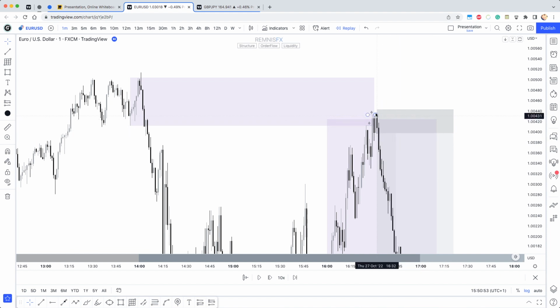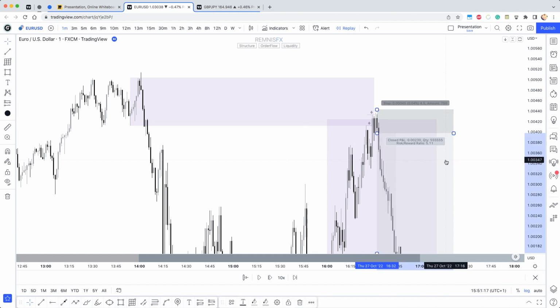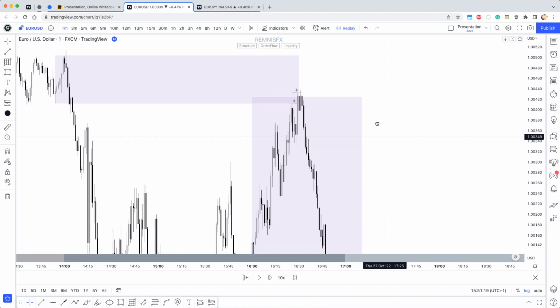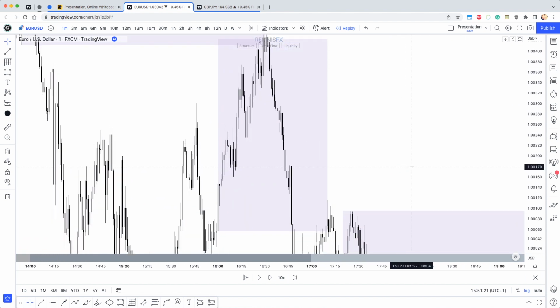Because this happened, and you implement the single mitigation of the last candle that continues the bearish move, right? So the single candle mitigation technique or concept, then you could have caught this move also, right? So very, very precise entries altogether.